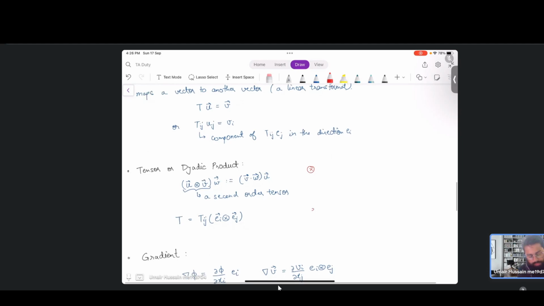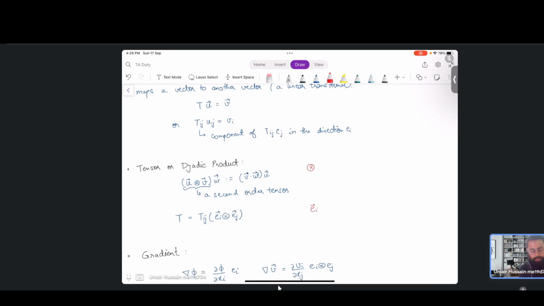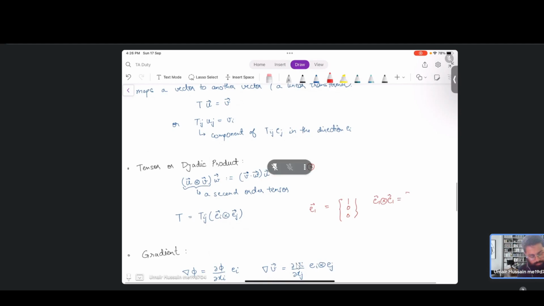So e_i, e_j are the basis for a vector, like we discussed before, like this 0 1 0 0. Suppose this is E1. If we take the direct product of E1 with itself, we get a matrix like this.